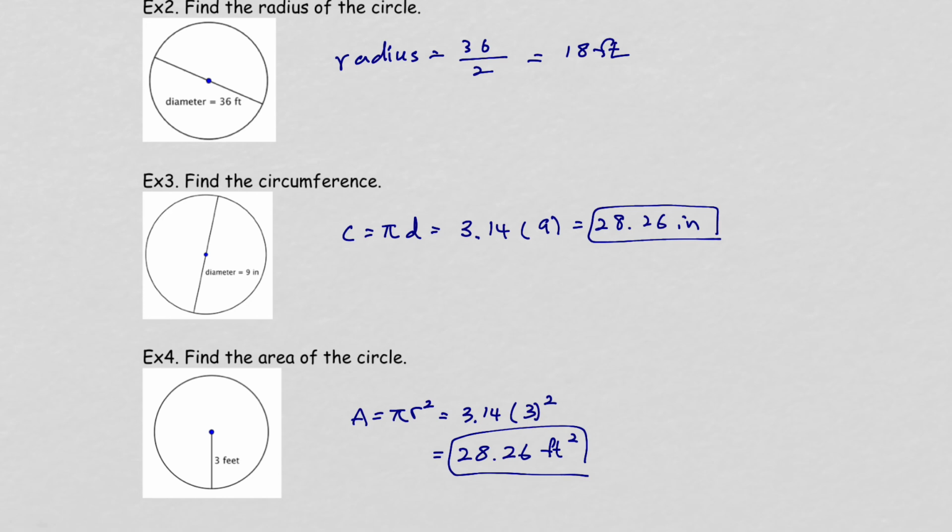And that's how you're going to find the circumference, which is the perimeter of the circle, and the area of the circle.